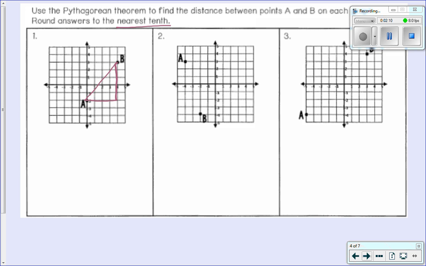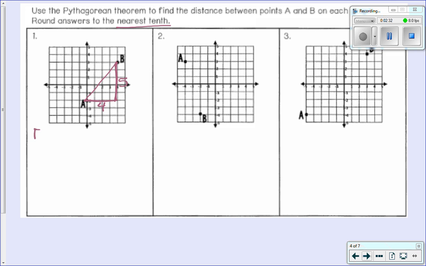How many units is this? 4 units. Good. How many units is the other leg? 5. Questions so far? All right.